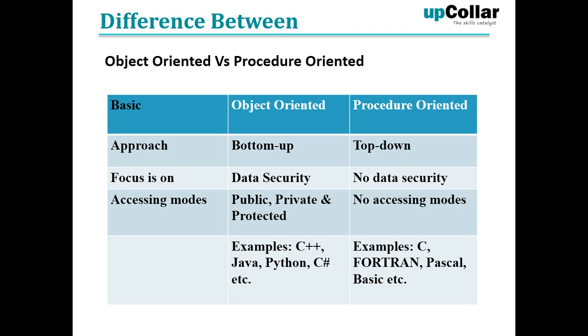Examples of object-oriented languages you can look into are C++, Java, Python, etc. For procedural-oriented languages, you can consider examples like C, Fortran, Pascal, etc.